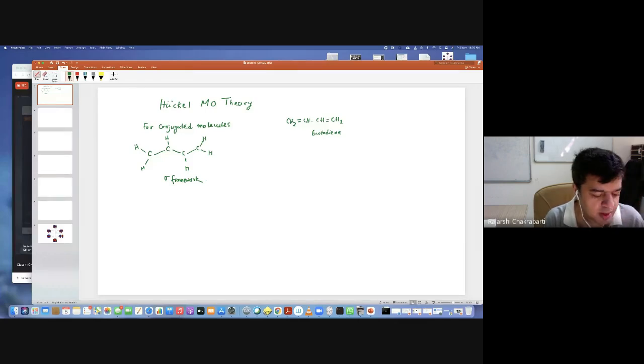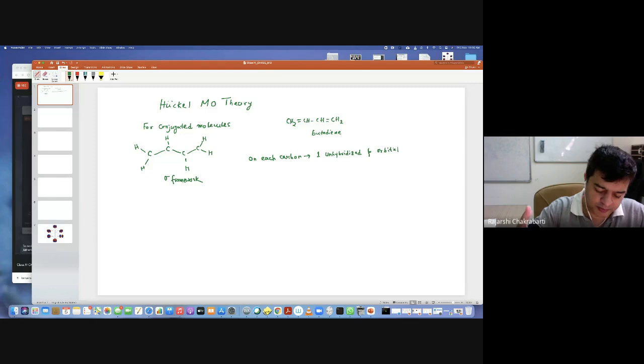Okay, and then on each carbon you have one unhybridized p orbital. It's fine because the sigma framework is made by the sp2 hybrid orbitals. All of you know, I'm sure. So in order to describe this pi, the p orbitals will form pi bonds, no? They form pi bonds.